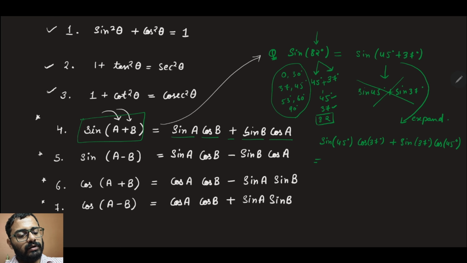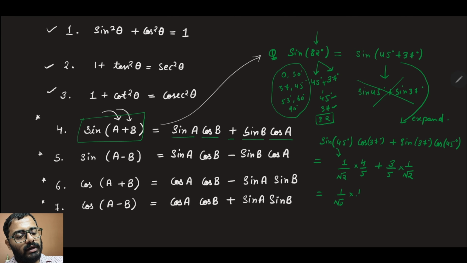Now we have to just write the values. Sine 45 is how much? 1 by root 2 from the table. Cos 37 is 4 by 5, plus sine 37 is 3 by 5 multiplied with cos 45, that is 1 by root 2. Finally, here we can take common 1 by root 2 and 1 by 5.